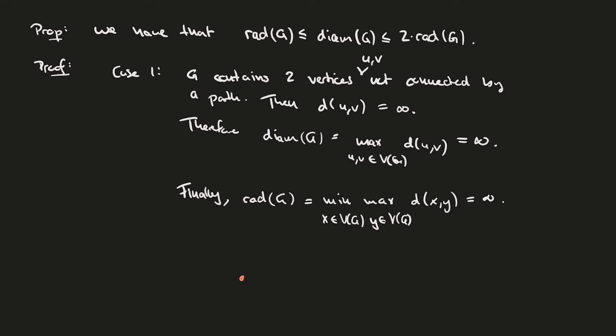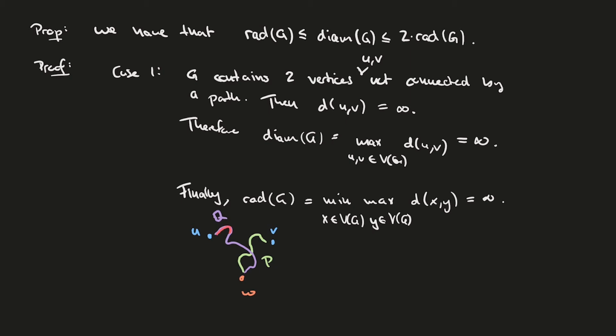To see this, let W be any vertex in our graph G, and we have these vertices u and v which don't contain a path between them. If there were some path p between W and v, and there would be some other path q between W and u, then we could find a path between u and v as follows.